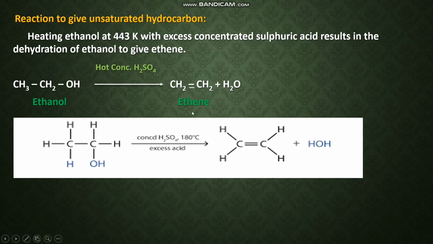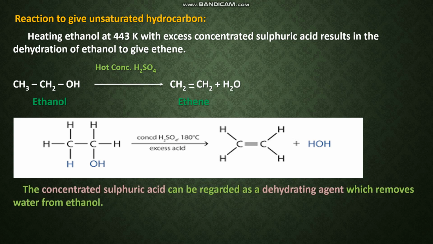Let us see what the role of sulfuric acid is here. It is removing the water from this compound. A substance which removes water from a compound is called a dehydrating agent. So the function of concentrated sulfuric acid here is acting as a dehydrating agent, which removes water from ethanol.